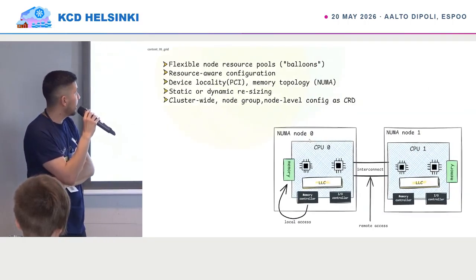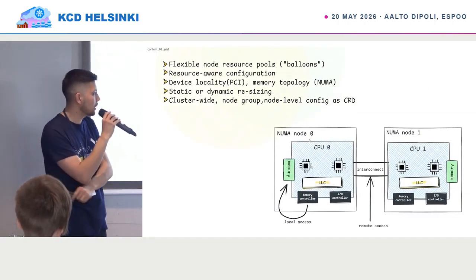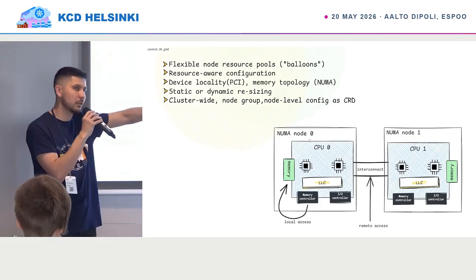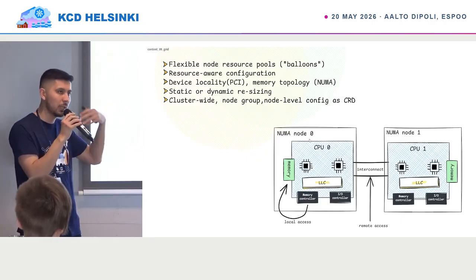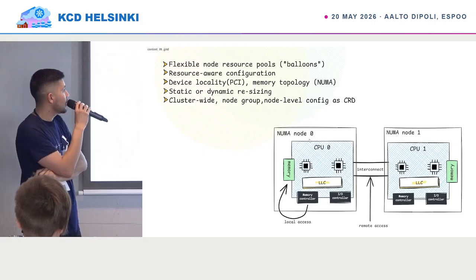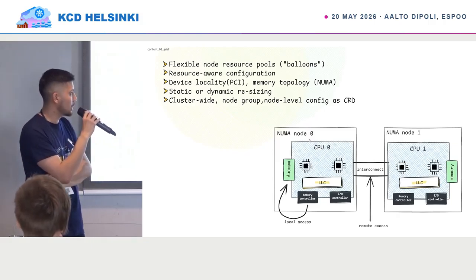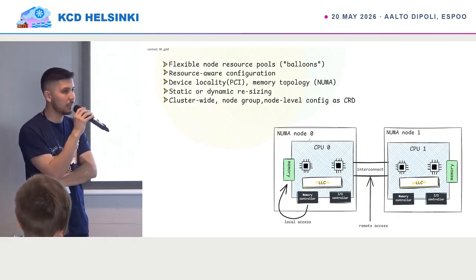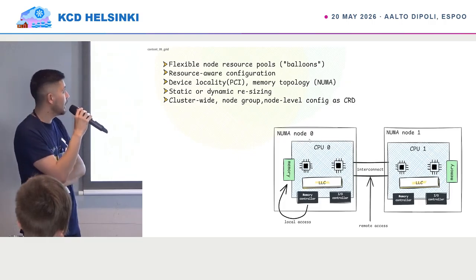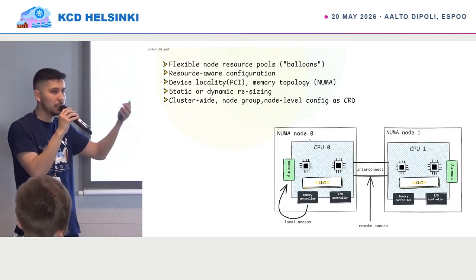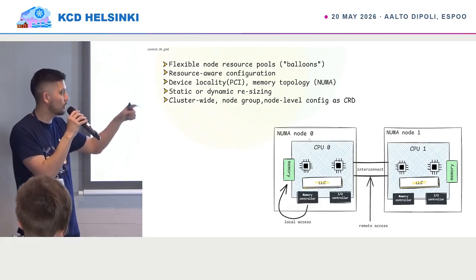With the help of balloons, we could first build this knowledge and then expose it into Kubernetes and use it whenever we are placing our workload. The Balloons policy, or NRI plugin, tries to create resource pools, so-called balloons, and whenever you're creating your workload, you can attach it to that specific balloon.